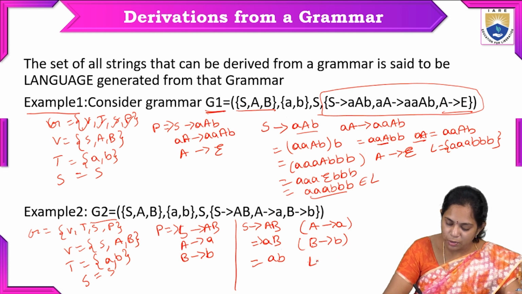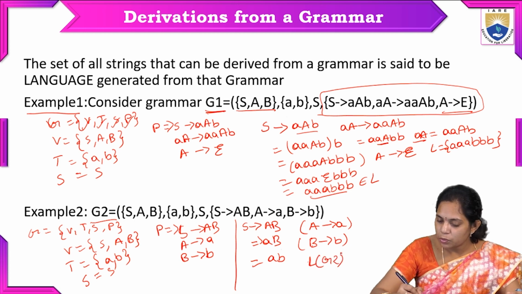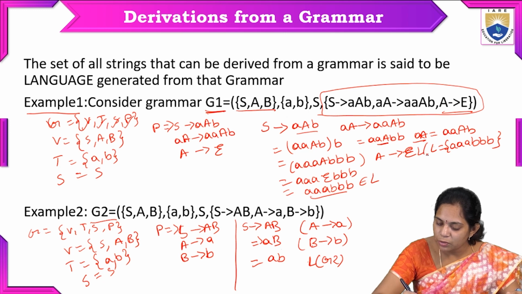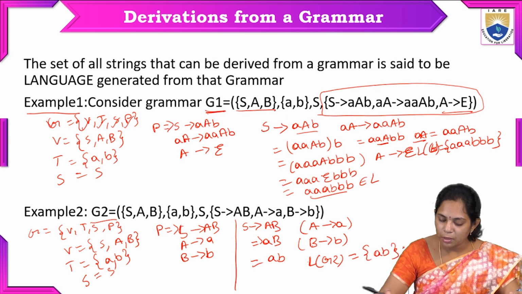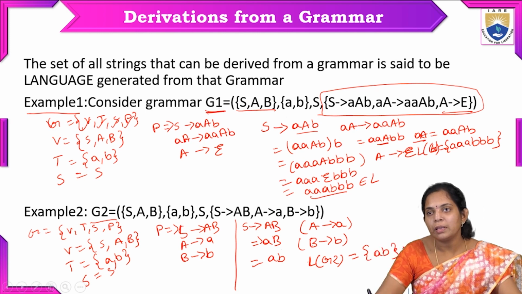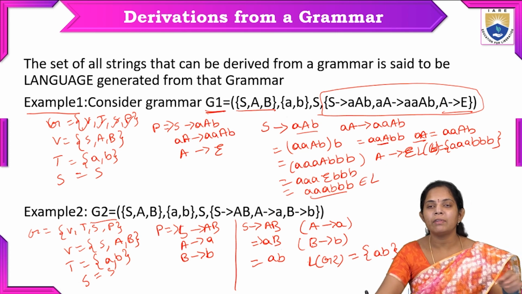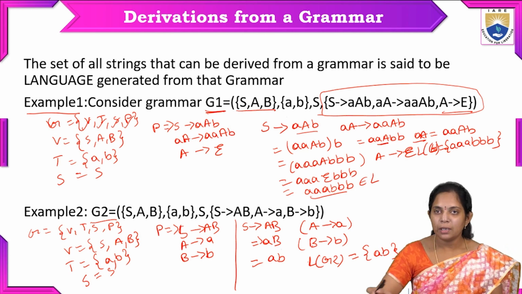So the language for the given grammar 2, as for grammar 1, is AB. And this is how we are deriving the language from the given grammar.